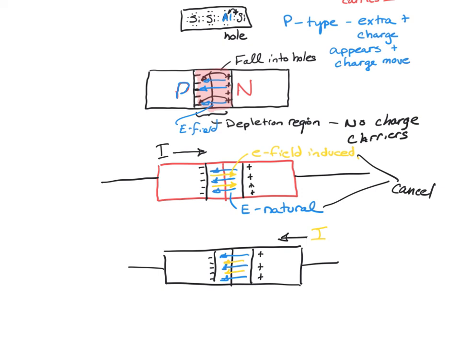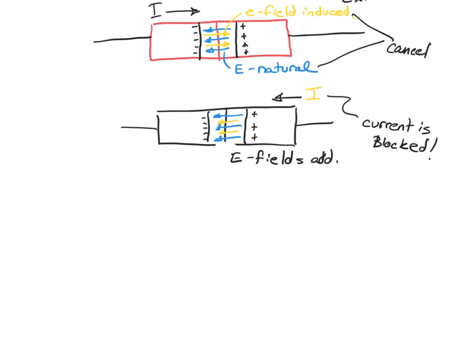Well, that's the wrong way. Sorry. The E fields add. So current is blocked. So what's happened is we have made what we call a diode.